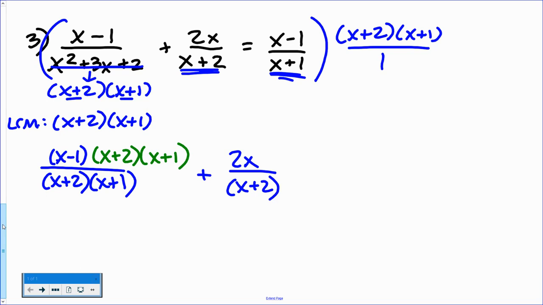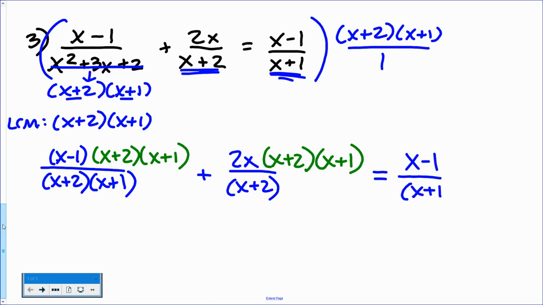So I'm multiplying that by the x + 2 and the x + 1. Then it is equal to x - 1 over x + 1. And I'm multiplying that by x + 2 and x + 1.